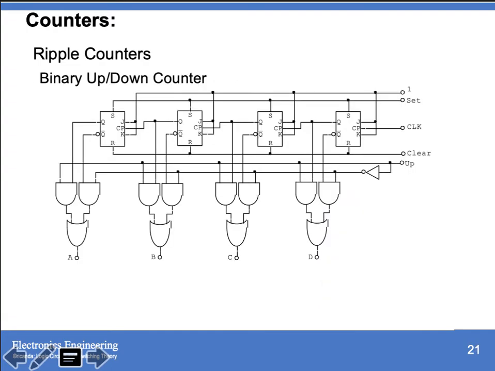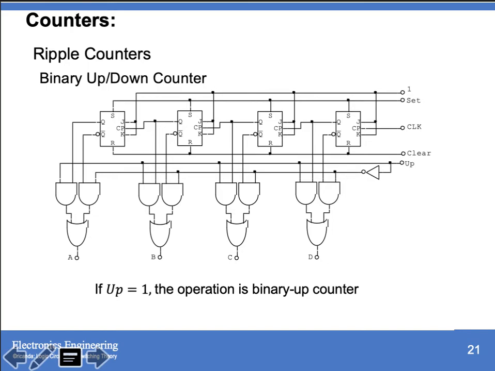A combination of up and down counter is made by the use of combinational circuits, AND or OR. So we have an up control, which is connected to your combinational circuits. If it is equivalent to 1, the operation is up because your active AND gate is connected to the positive output of your JK.